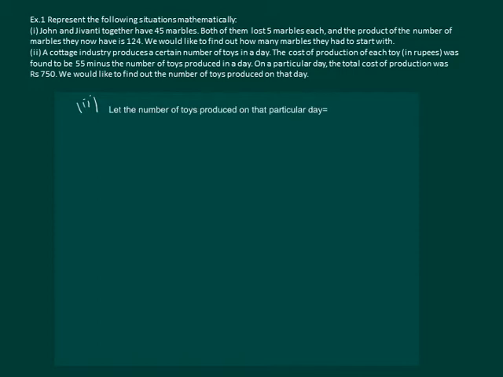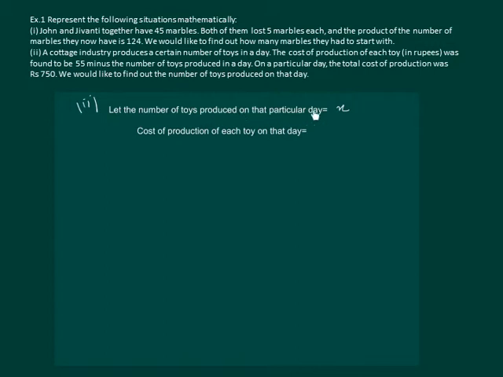We start with the assumption that let the number of toys produced on that particular day be x. Now, in the question it is given the cost of production of each toy in rupees was found to be 55 minus the number of toys produced in a day.